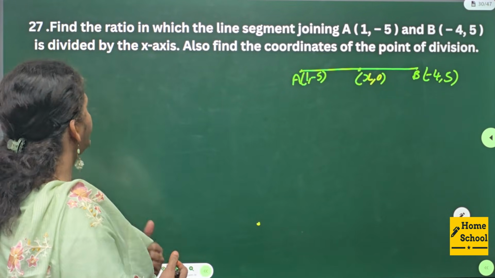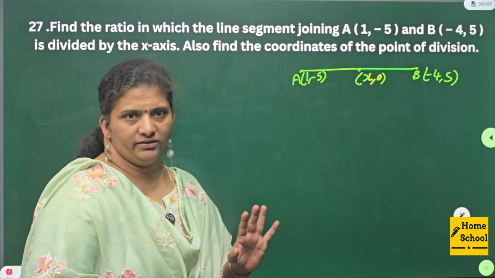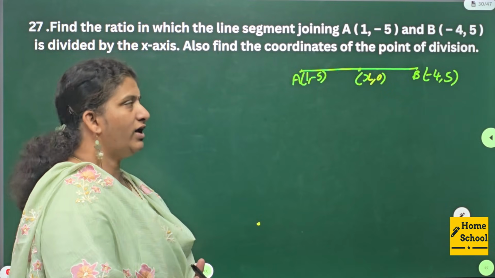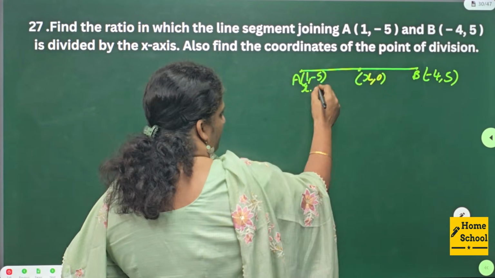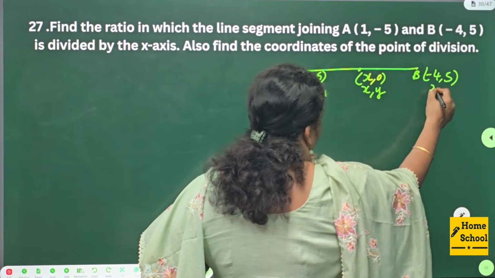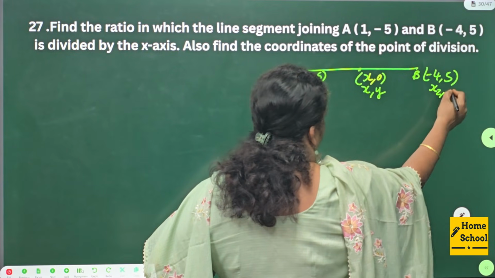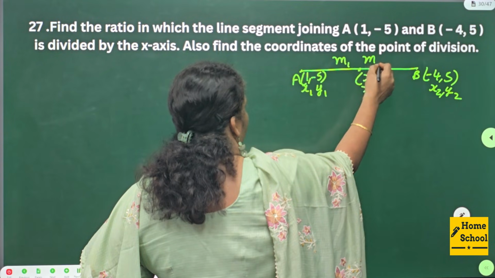How can I do this one? It is not a midpoint. Okay. So how can I find this one? Just write this one as x1, y1. This is x, y. This is a point of division, no? And we don't know how it is divided at this point.